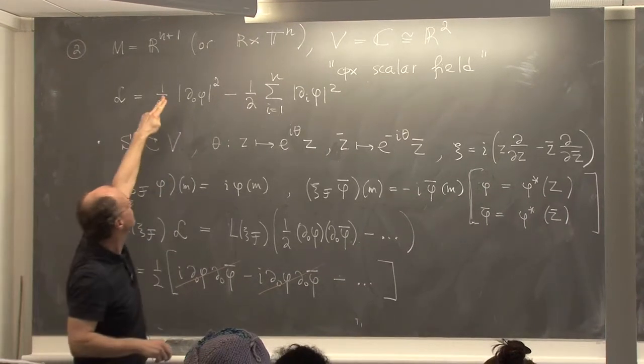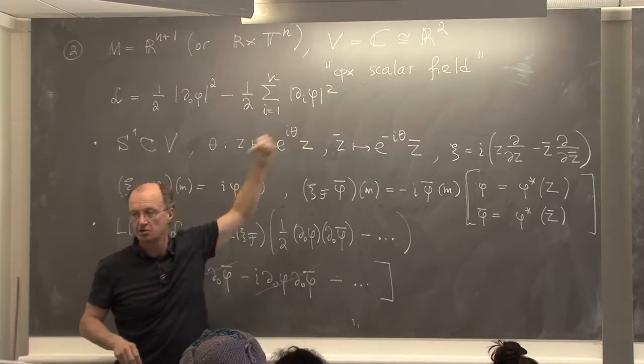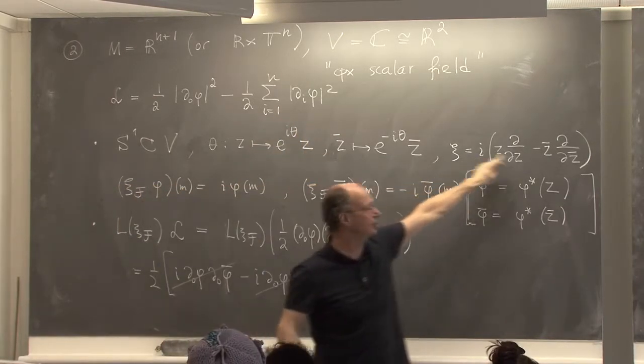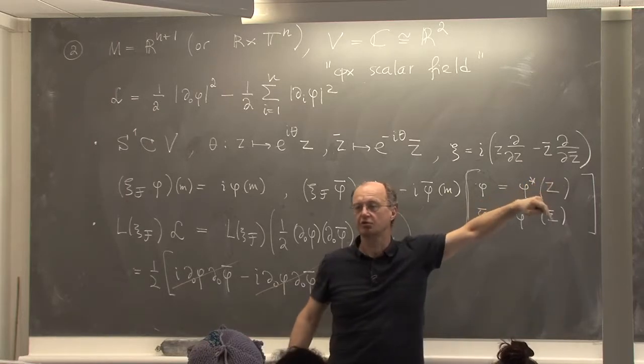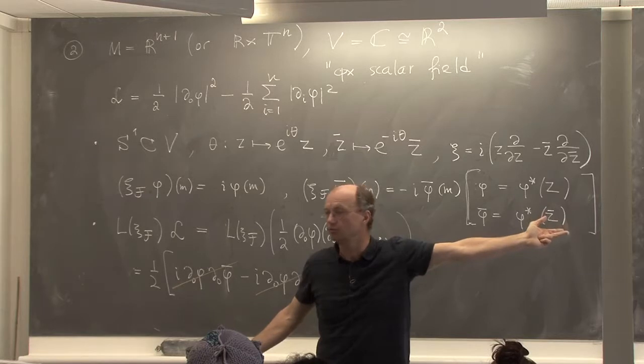So what am I doing? Recall, I have a map from M to V. So now I have a vector field on V. I wrote it in complex coordinates, but I could have written it in x, y coordinates on R2.